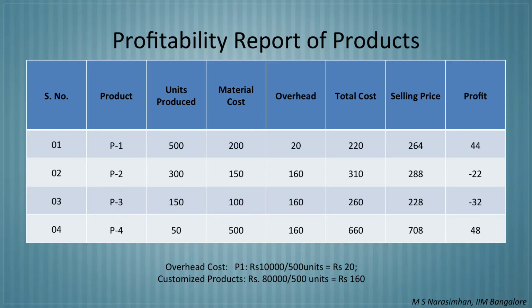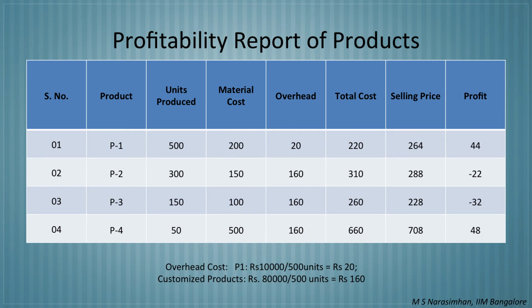Most of the overhead like designing, sampling, order processing are not at all related to the standard product. But still 50% of the overhead cost is loaded on the standard product. Further analysis of overhead shows only 10,000 is related to P1 and the remaining 80,000 is related to the customized products P2, P3 and P4.